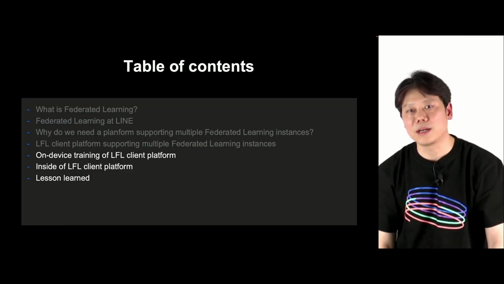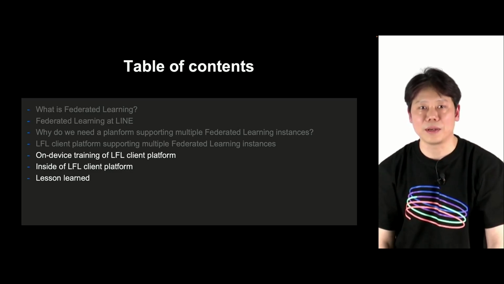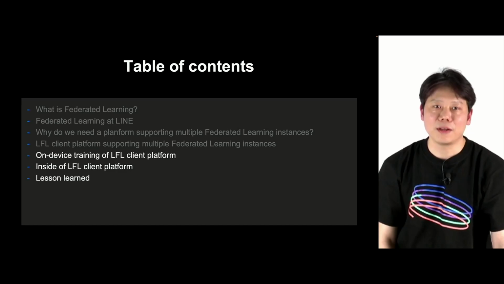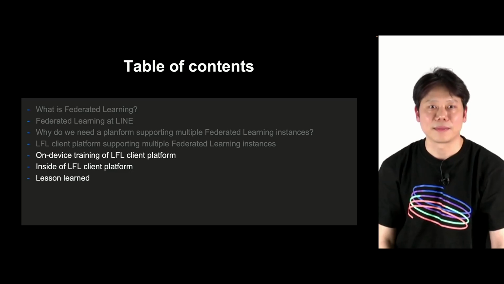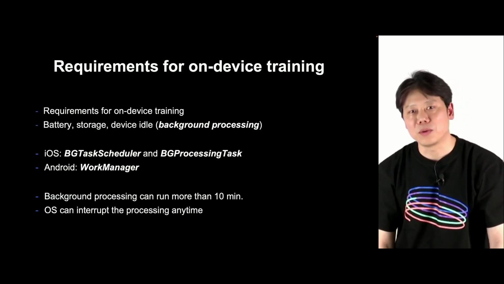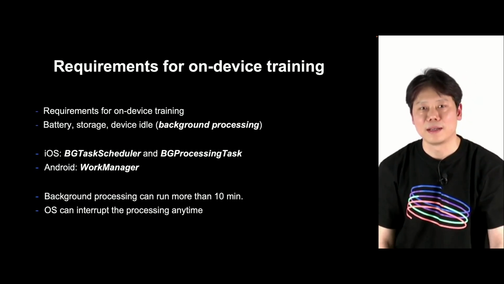So until now, I have talked about how the Line federated learning architecture and the client platform were designed. Now I would like to talk about how we were able to effectively handle on-device training in the client platform. In federated learning, on-device training is the most important key point.